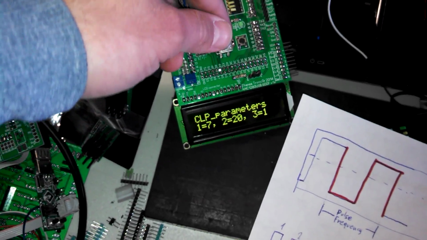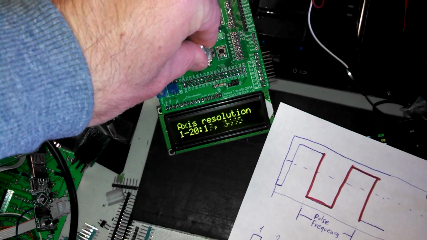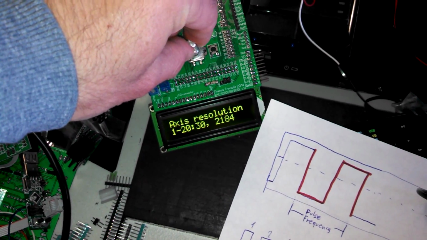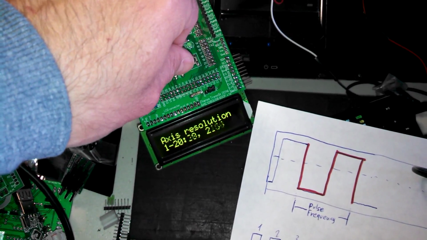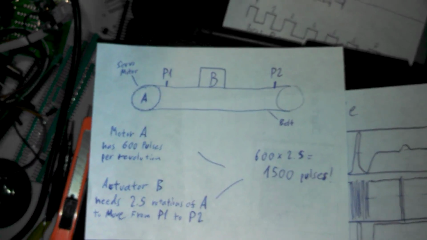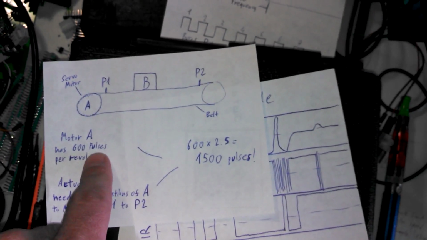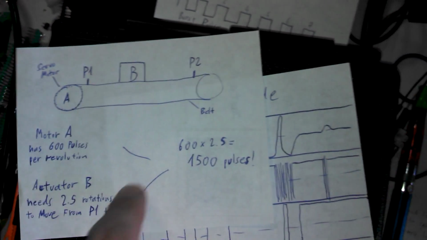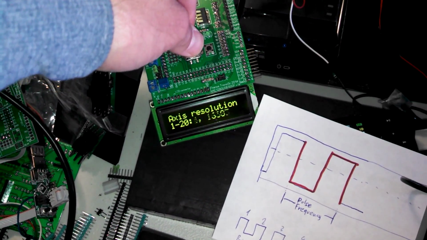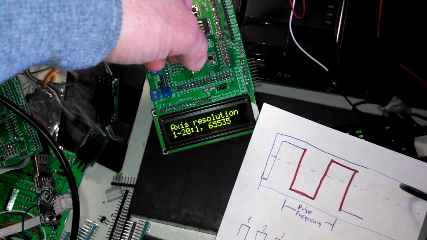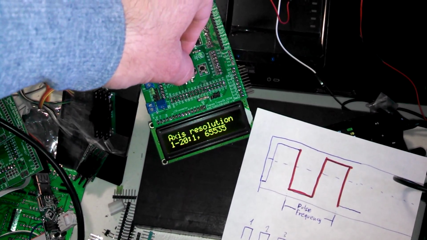So you can go there and change the resolution, all that you need. That's all I have for now, but I can decrease it, that's just an example. Usually it's more than just 600 pulses for the revolution of the motor. That's why this one can go up to, let's see, 65,000, 16-bit.